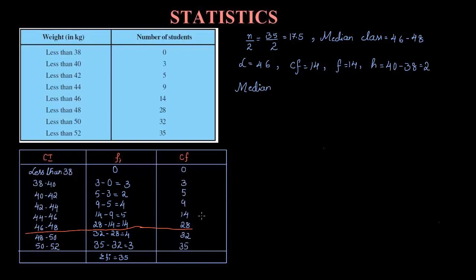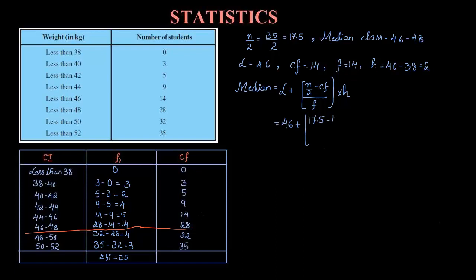Now let me write the formula for median. Median is equals to L plus n by 2 minus cf whole divided by f into h. So what is L? 46 plus n by 2 is 17.5 minus cf.